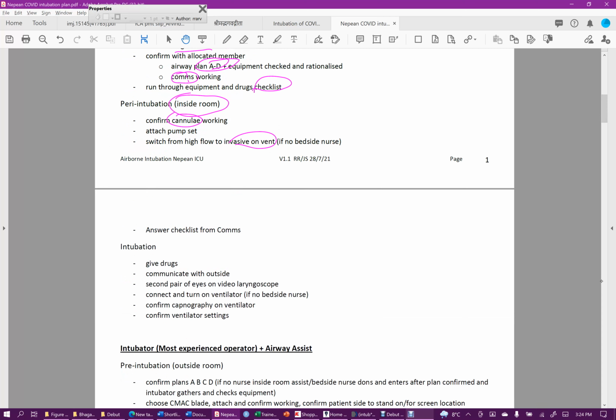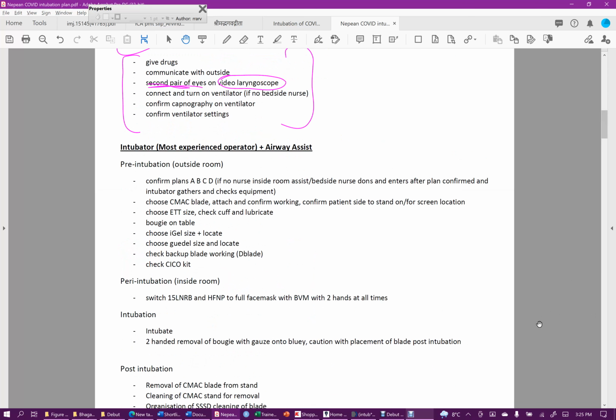Their job will also be to do the induction, communicate with outside, and if required, be the second pair of eyes, because the senior person is attaching the ventilator and so on. The actual intubator must be the most senior operator, plus the airway assistant.